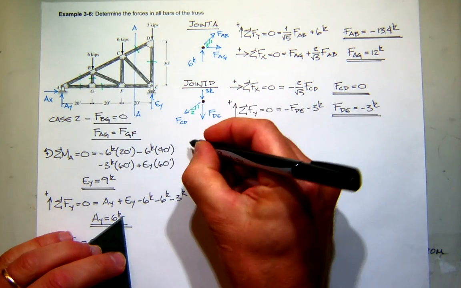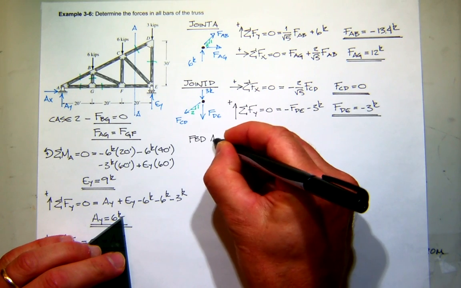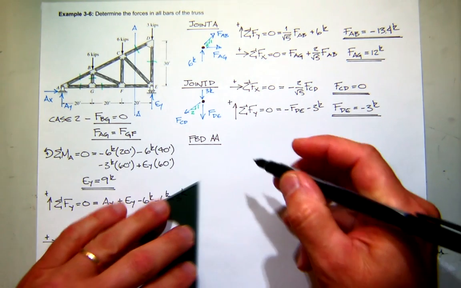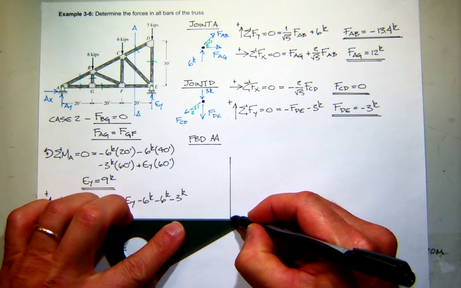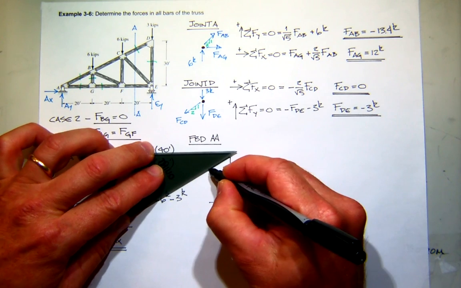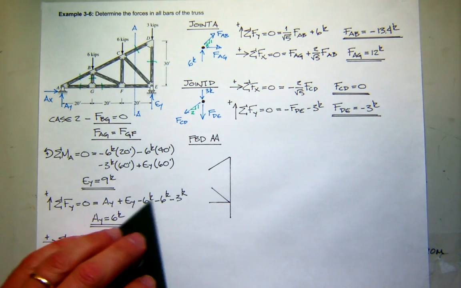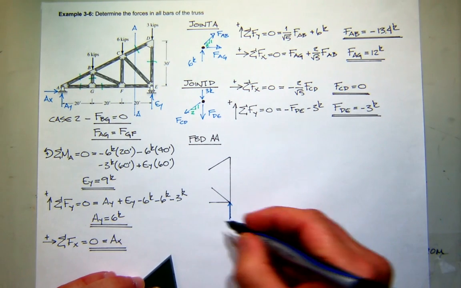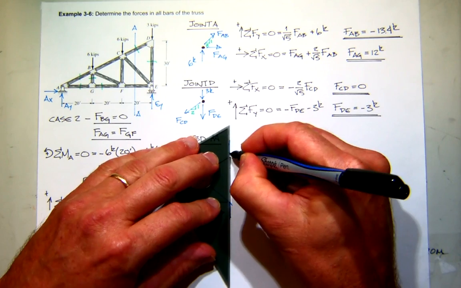So let's do a free body diagram at that section AA. And you want the right-hand side. Well, I maybe drew that a little too big. Okay, so we know what EY is. What is EY? We solved for it. It's 9 kips. We know we have a 3-kip force applied at the top here.